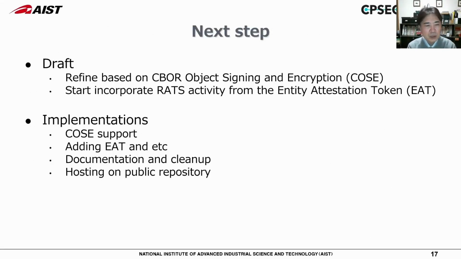We haven't done closest support and the TEEP message protocol. Then we need to add EAT, and do a little bit of cleanup on the documentation of the implementation. And eventually we would like to host it on a public repository as a reference implementation, which I've been hoping for a long time and is not happening yet. So that's something I'm focusing on right now.